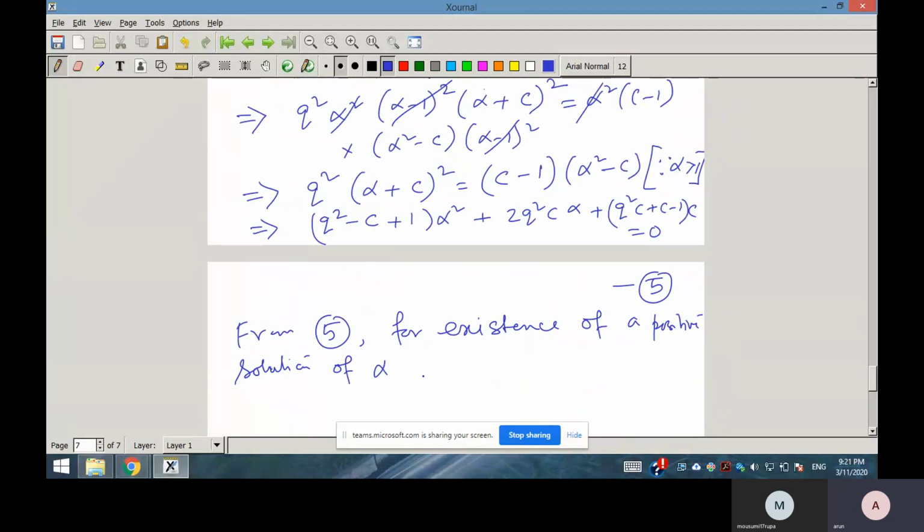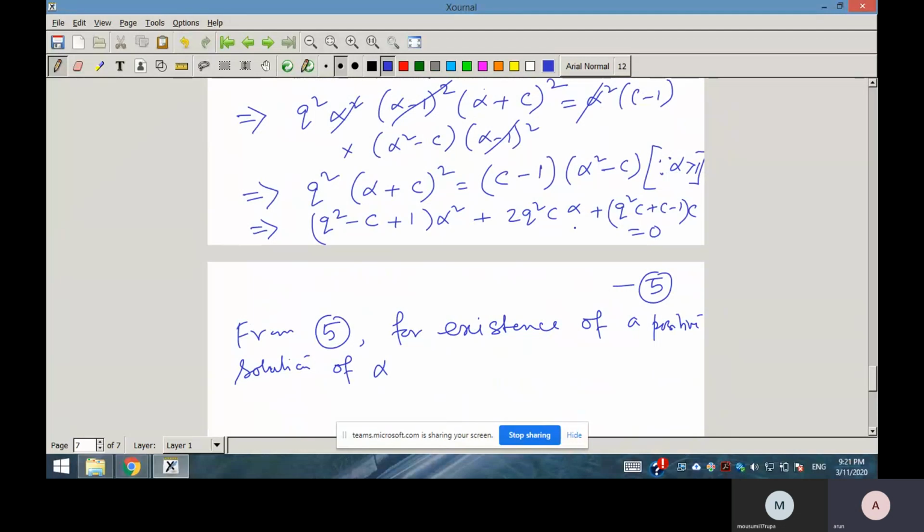And your q square c is greater than 0. So a positive root will be there if, what is the root for a standard second order equation, ax square plus bx plus c? Minus b plus minus root under b square minus 4ac divided by 2a.